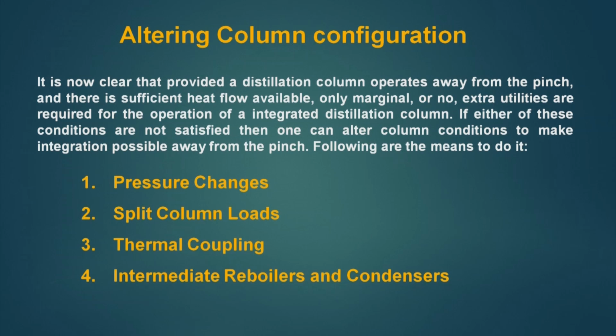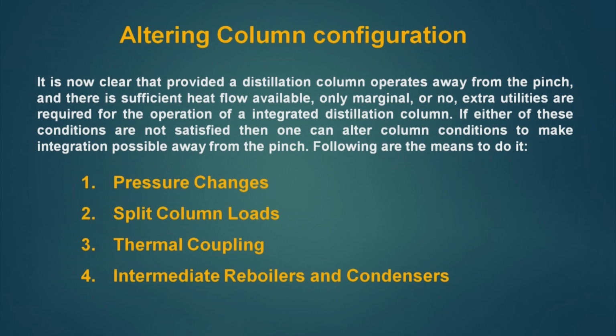If I am not able to satisfy this condition, that is, it is falling neither above the pinch nor below the pinch, but across the pinch, then column conditions have to be changed to make it fall on either side of the pinch.